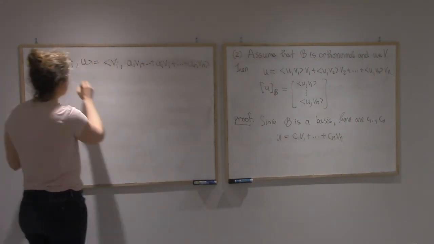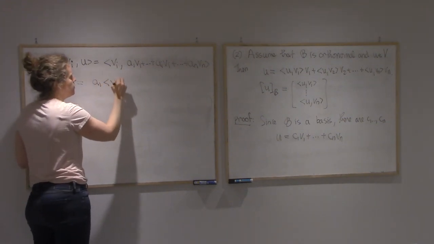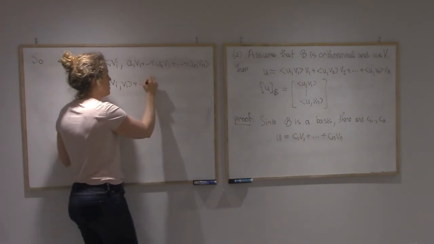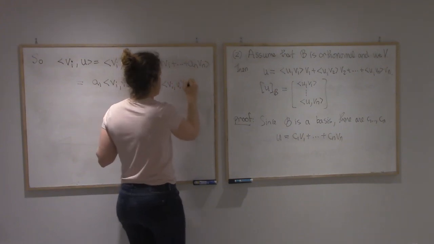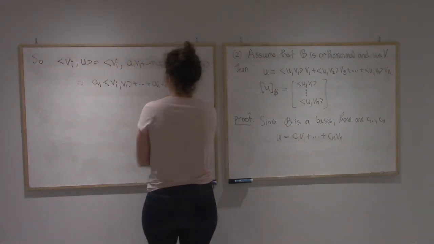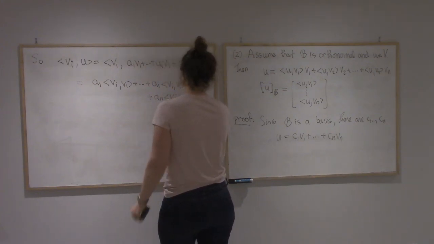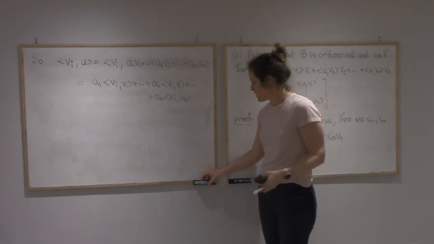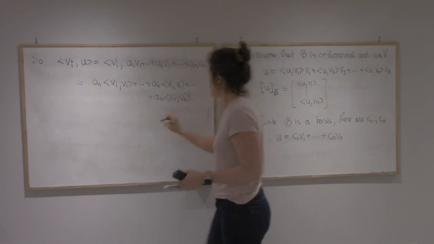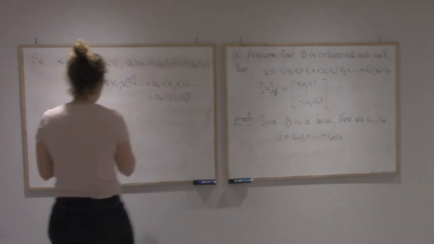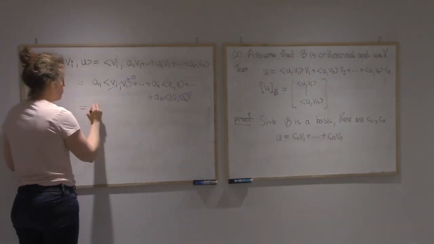And then I'm going to split it, and let me take the constants out at the same time: A1 Vi dot V1 plus AI Vi dot Vi plus AN Vi dot Vn. And now, because it's orthogonal, all of the vectors in the basis are perpendicular, so all of these will disappear, and the only one that will stay will be the ii one.